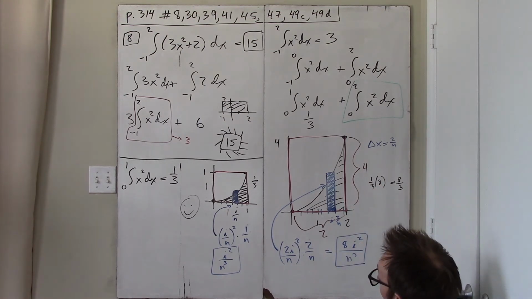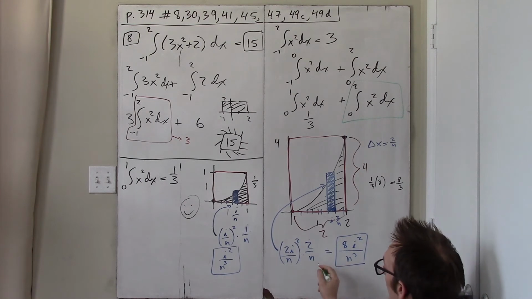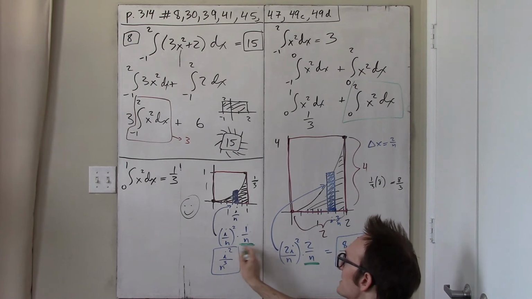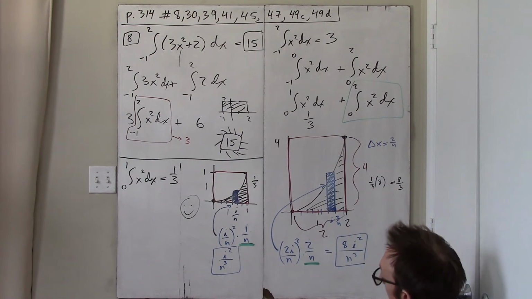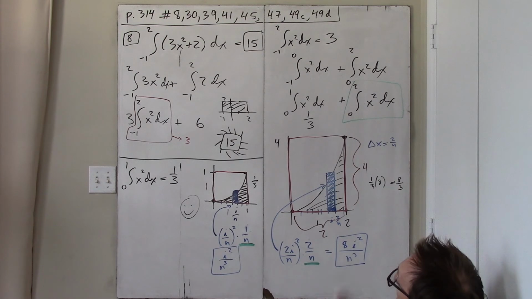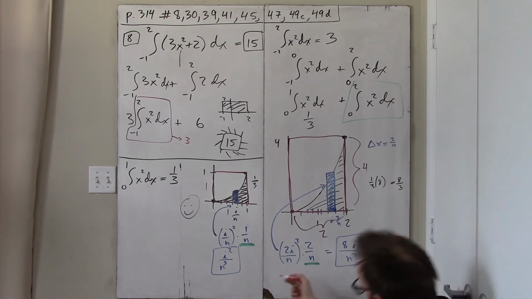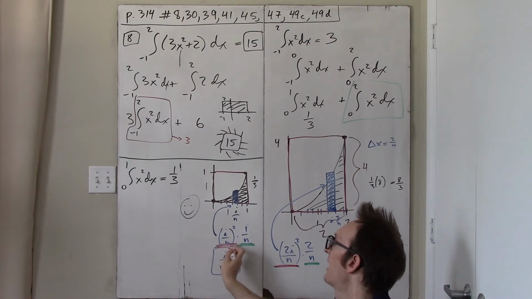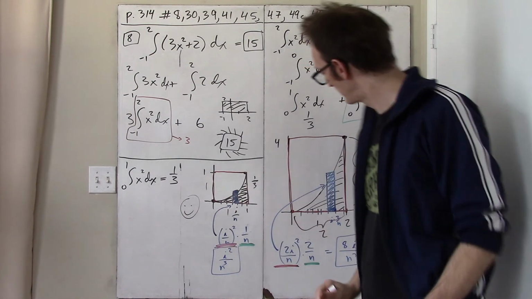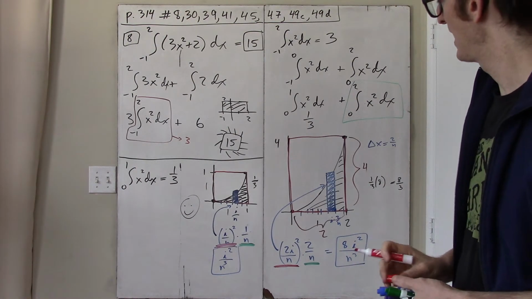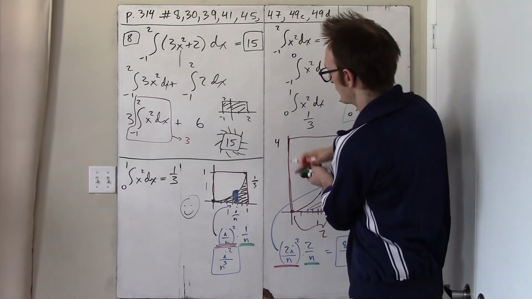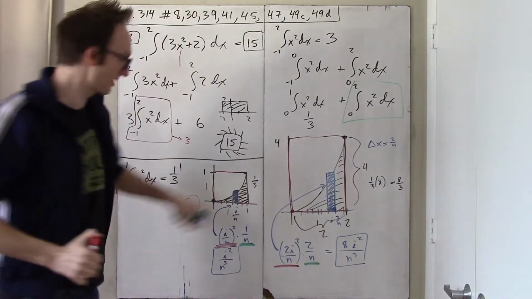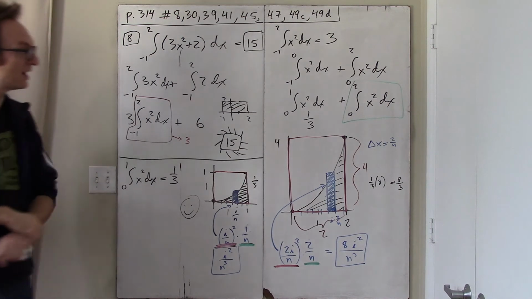And really there were two separate arguments being made here, which is that the width of the ith rectangle is twice as much as this width, and the height of the ith rectangle is 4 times as much as the height of the ith rectangle in this shape. And putting those together is where we get the 8. And so you really can think of this shape as just a stretched out vertically by 4, stretched out horizontally by 2 version of this shape, which we know to be 1/3. All right.